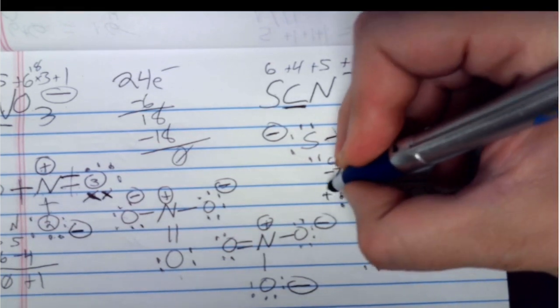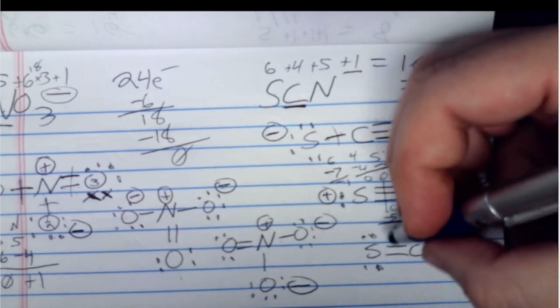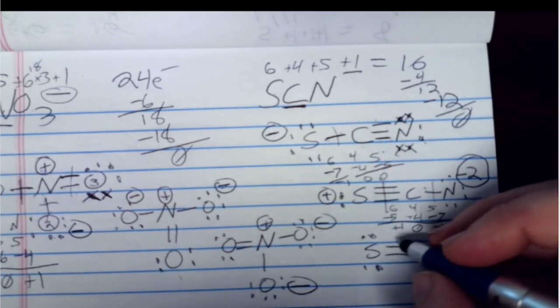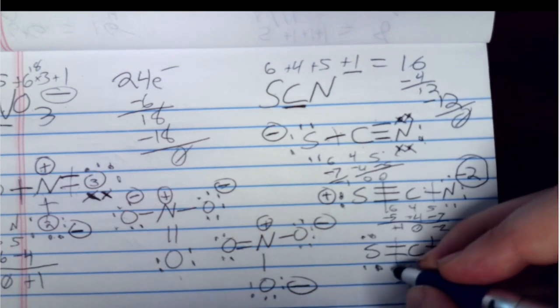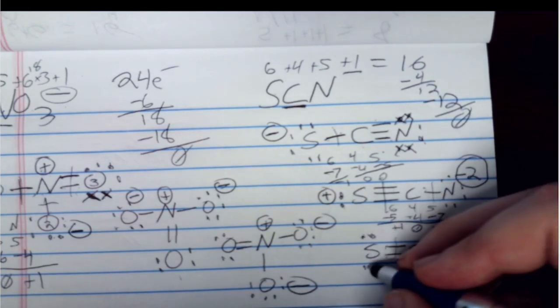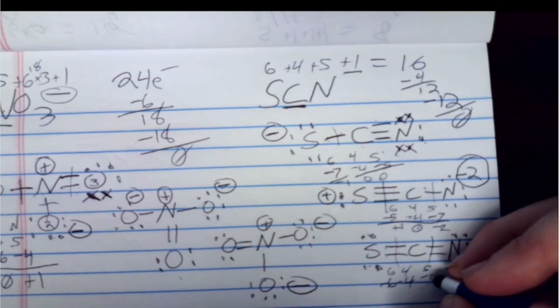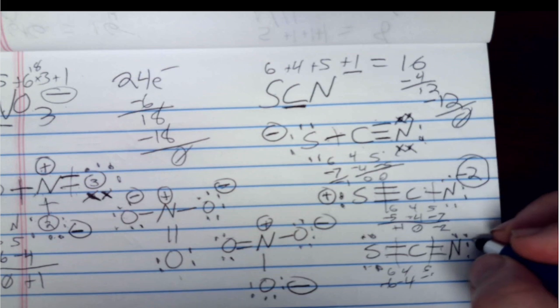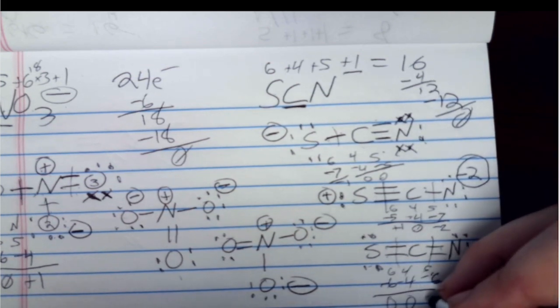This one has a positive and 2 negatives. And this structure has 4 minus 4, 6 minus 1, 2, 3, 4, 5, 6, and 5 minus 1, 2, 3, 4, 5, 6. 0, 0, negative 1.